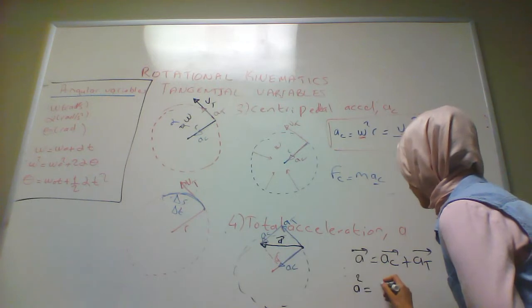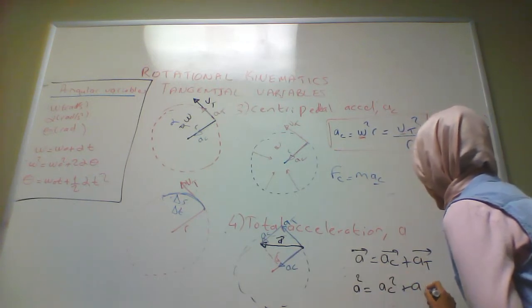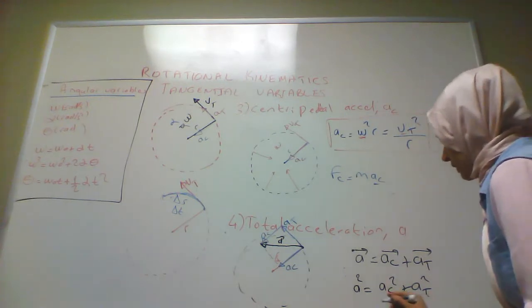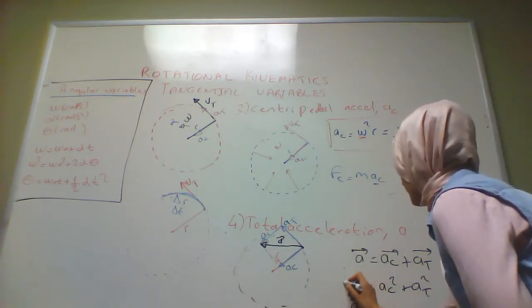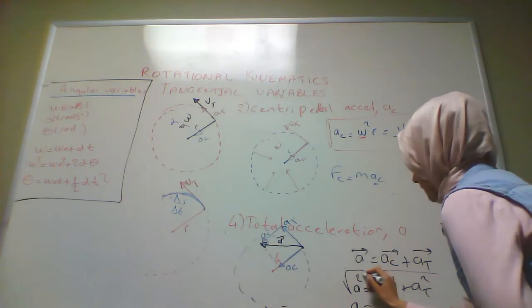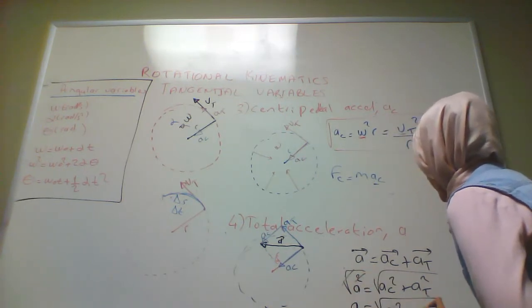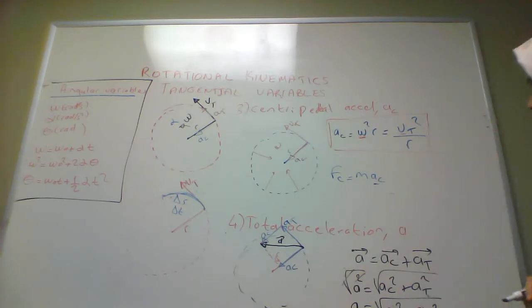A squared will be equal to AC squared plus AT squared. This is the Pythagorean theorem, math review. Taking the square root of both sides, A is equal to the square root of AC squared plus AT squared. Right now I'm going to solve a question involving this.